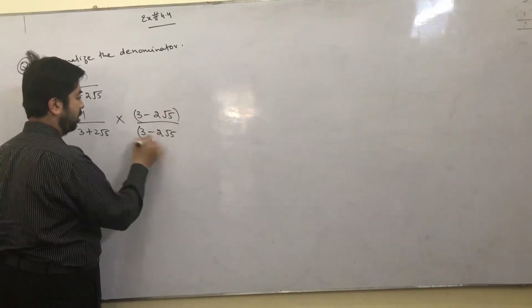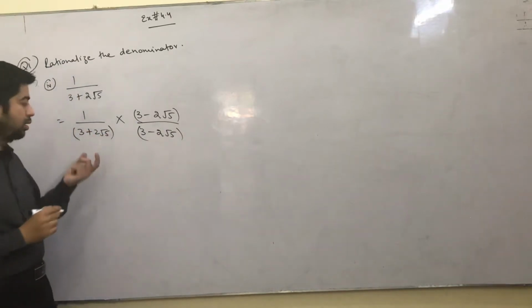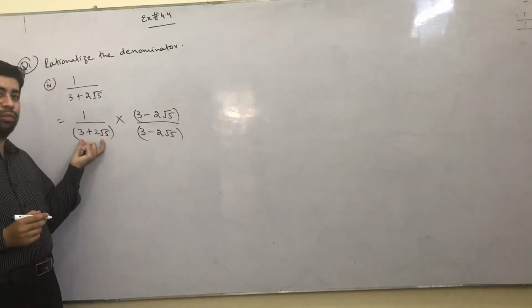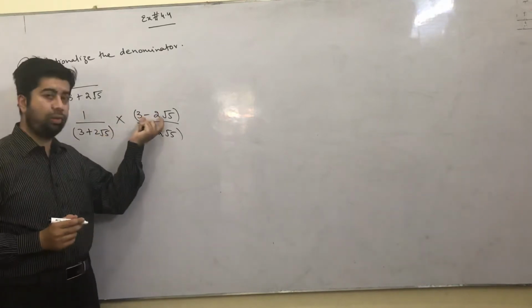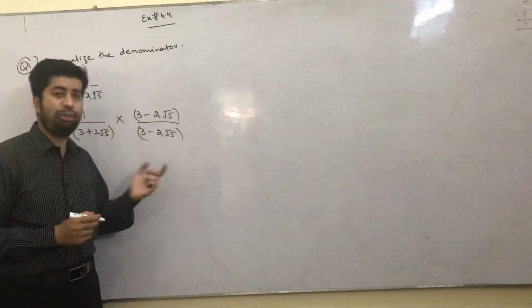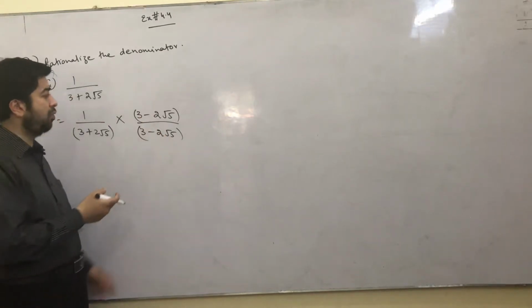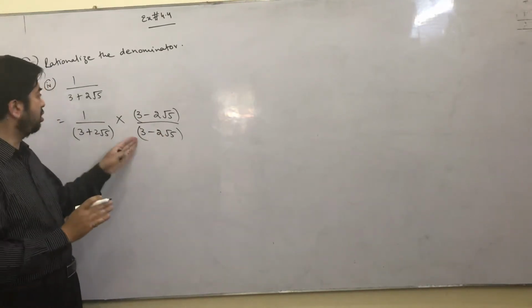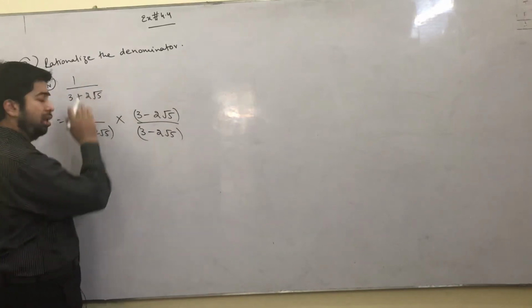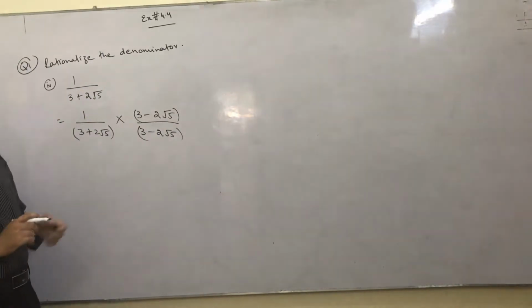See that this is 3 plus 2 square root 5. Its conjugate is 3 minus 2 square root 5. I'm going to multiply with this and also divide with this. This is the rule. There is no difference after applying this. This is the same thing. By cancelling, this again becomes 1 over 3 plus 2 square root 5.